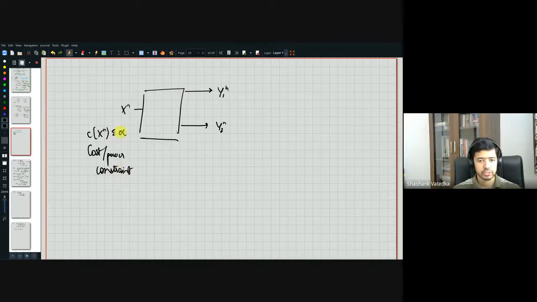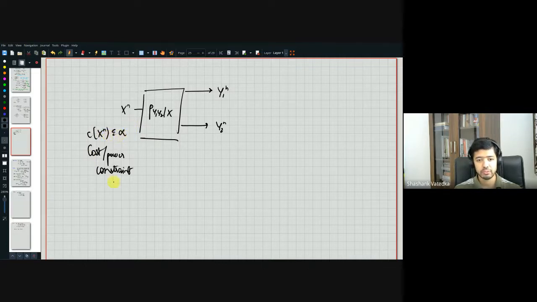So this is fixed, but these constraints do not affect the channel itself. Of course, by changing the power or the cost constraint, the capacity of the channel changes, but the joint distribution, that is the distribution of y1^n and y2^n given x^n, p(y1, y2 | x), is independent of what kind of power constraint you impose.